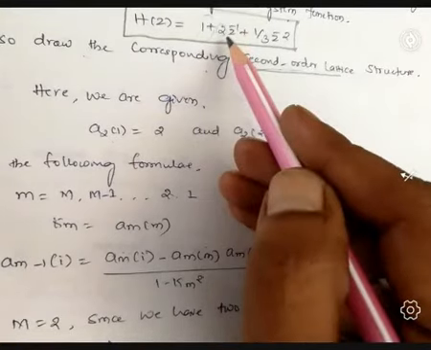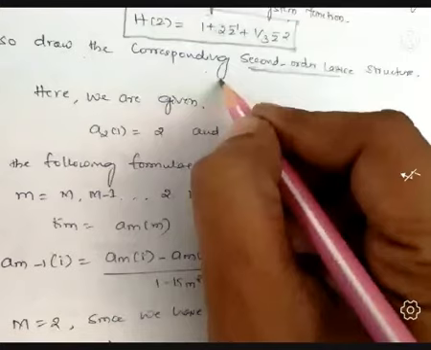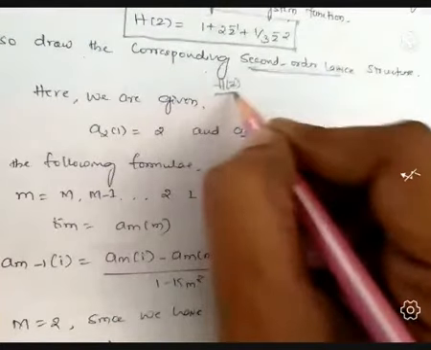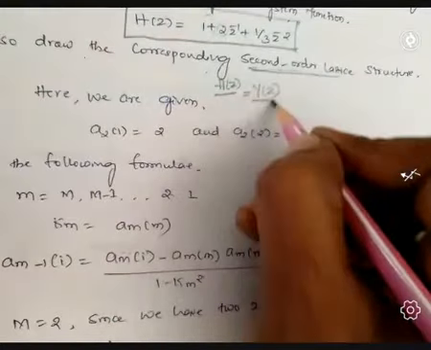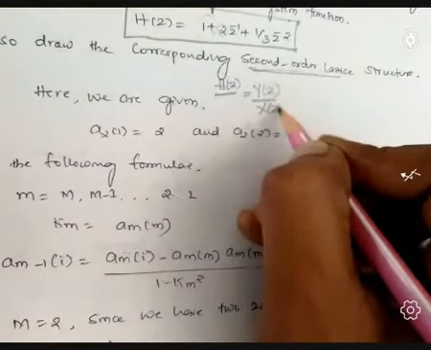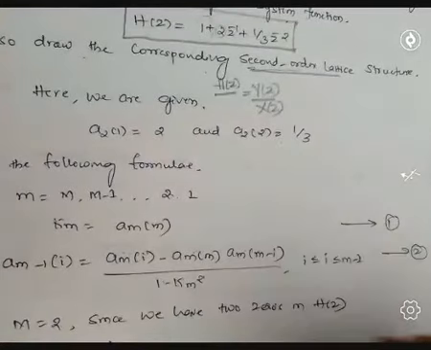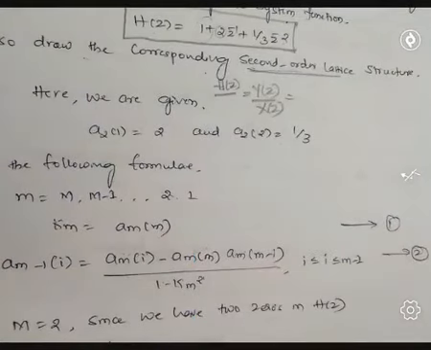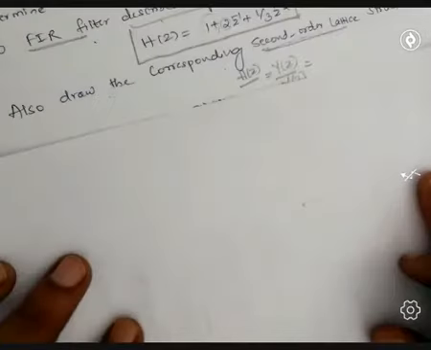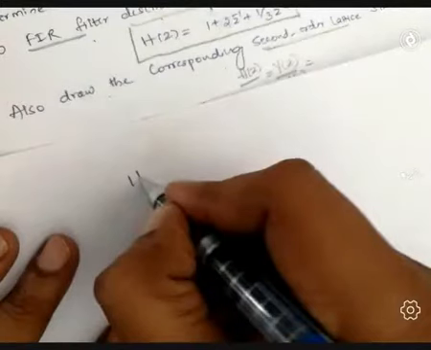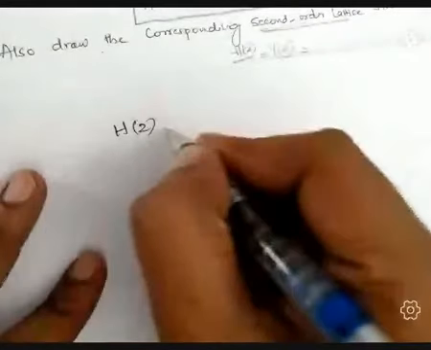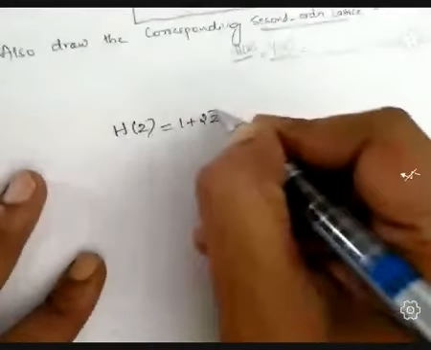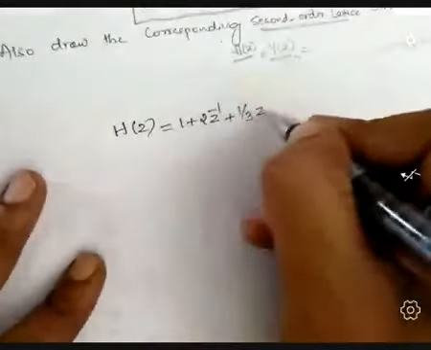If you write H of z equal to Y of z divided by X of z, then H of z equal to 1 plus 2 into z to the power minus 1 plus 1 by 3 z to the power minus 2. It is the given system function.